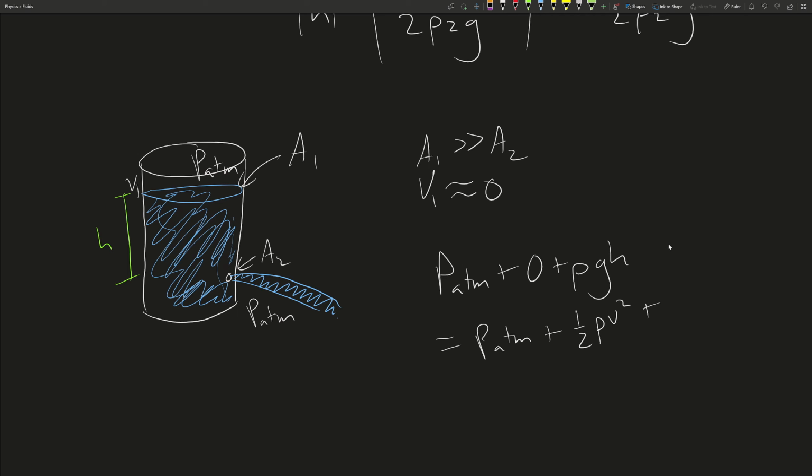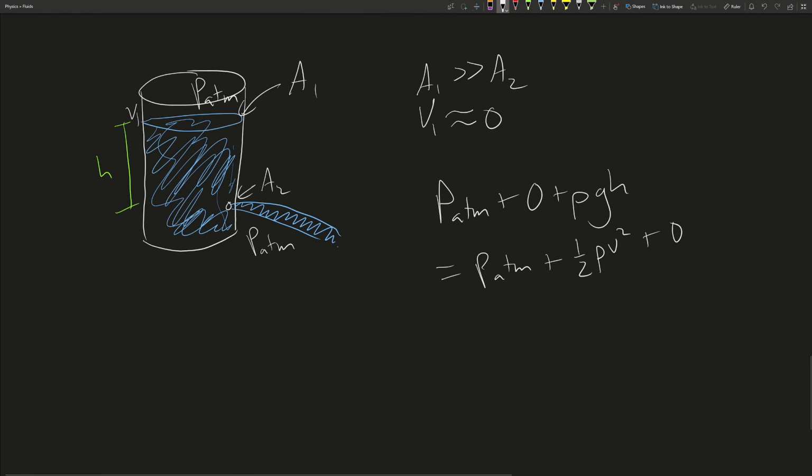So solving this for v, first we can cancel out the atmospheric pressures, and we can cancel out the densities too, because the density stays the same on both sides.